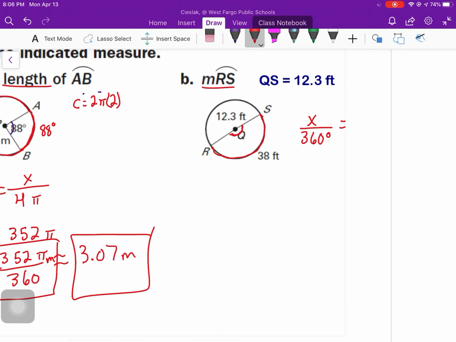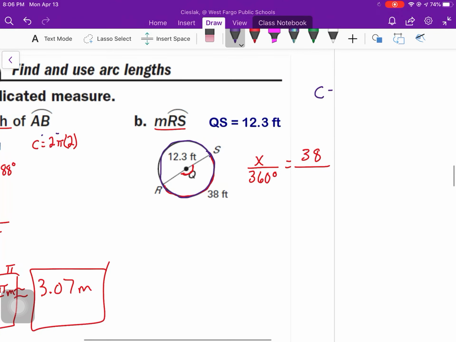All of that is equal to the part. Notice that I tell you that is 38 over the whole. So the whole length would be just my circumference, in purple. Off to the side, I'm going to say C is equal to 2 pi times my radius of 12.3, which is going to give me 24.6 pi.